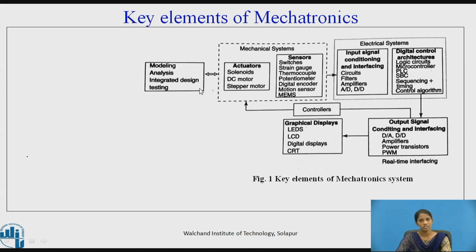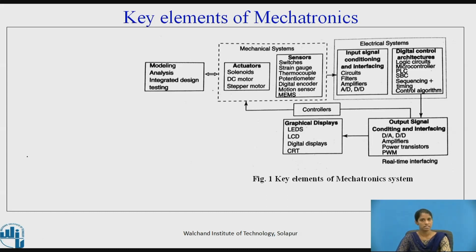So the actuators and sensors constitute of mechanical systems, whereas input signal conditioning and interface and digital control architecture constitutes of electrical systems. So here we see the graphical displays, LEDs, LCDs, digital displays and CRT. And in this block, that is output signal conditioning and interfacing, digital to analog converter, amplifiers, and the complete block is known as real-time interfacing.